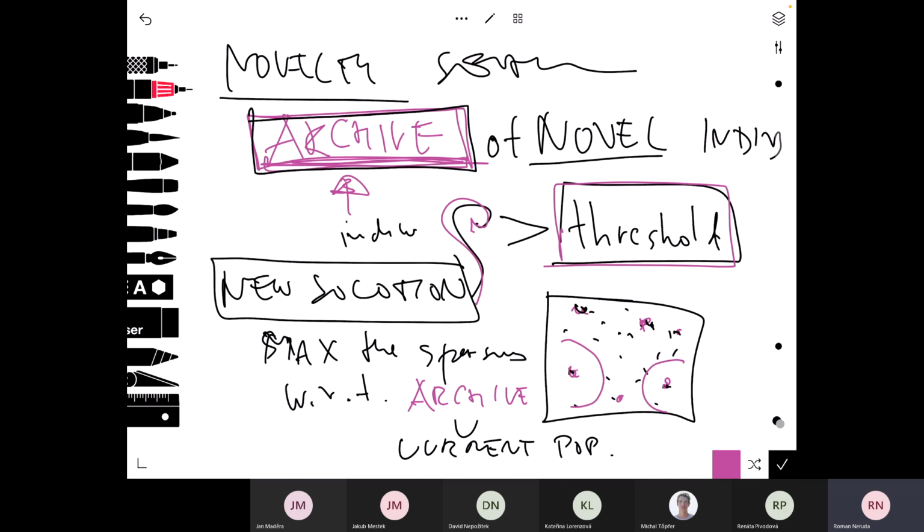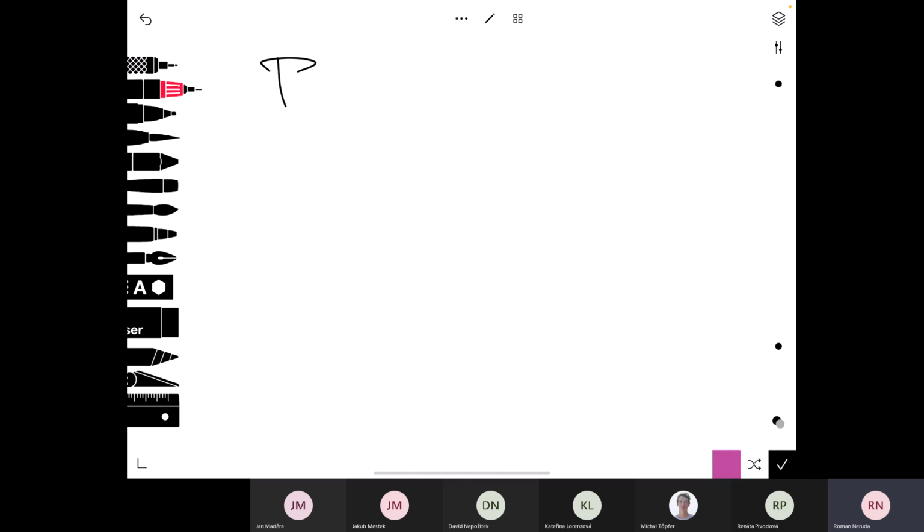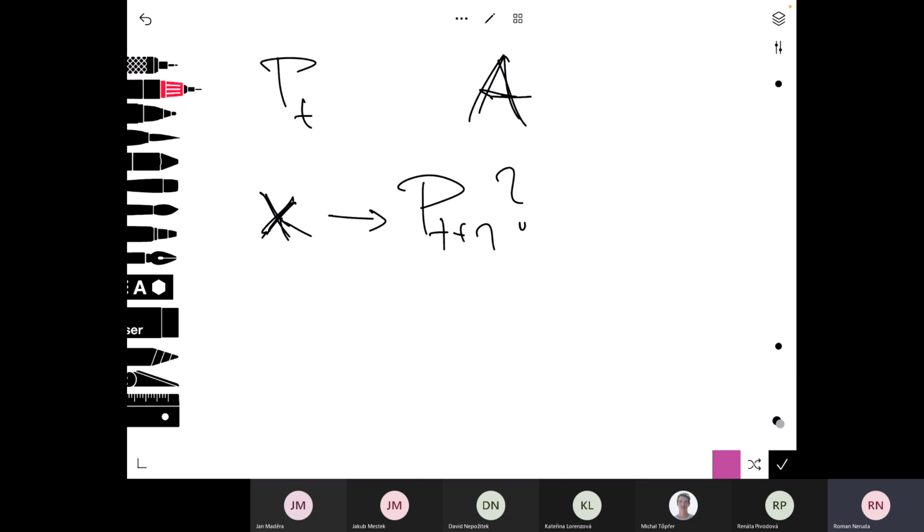And then when you're doing your population search, you have some kind of population and you have the archive, and by some mutation you're creating a new guy, and you're saying, we have a population P_t and the archive, and we have a new guy created, X. Will X go into P_t+1?